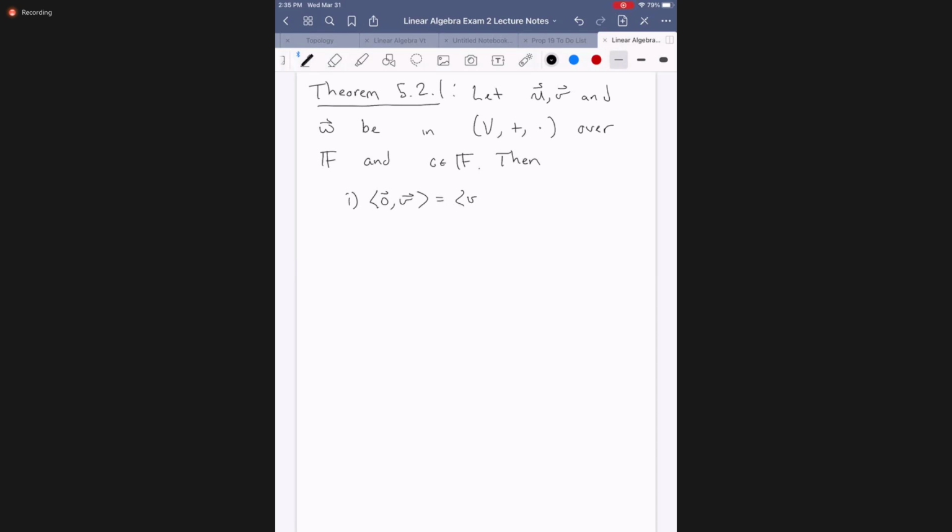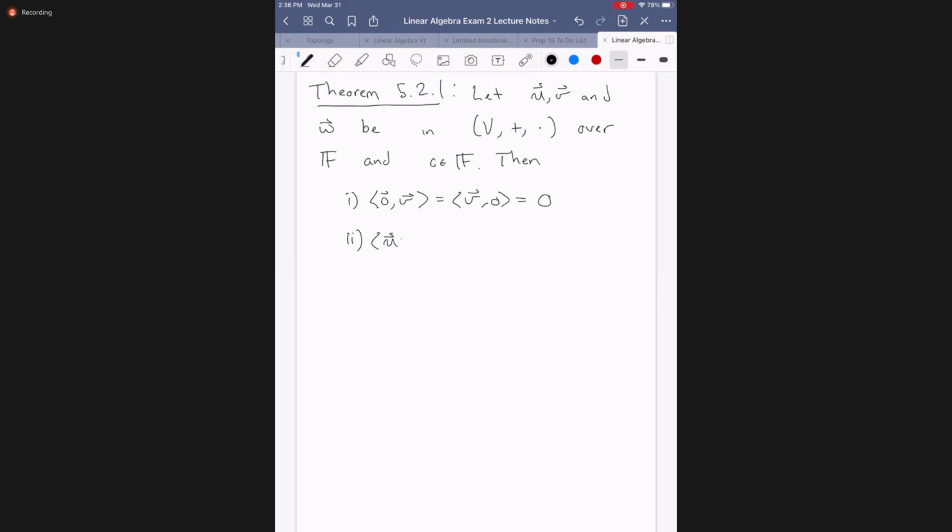One, the inner product between the 0 vector and any vector V is always just going to be 0. This literally comes from the definition, and it's true for both sides. In the field you have a concept of 0, but for real numbers it's just the normal notion of 0.